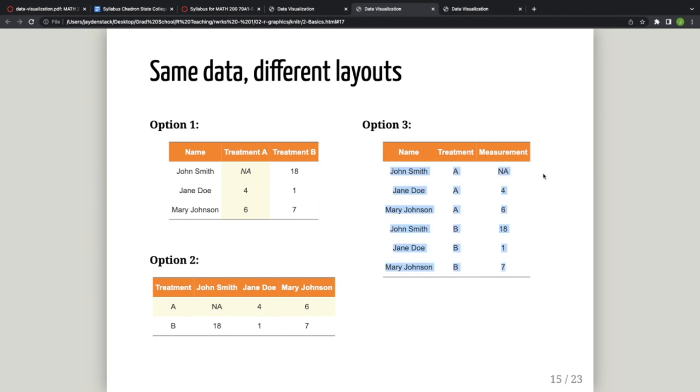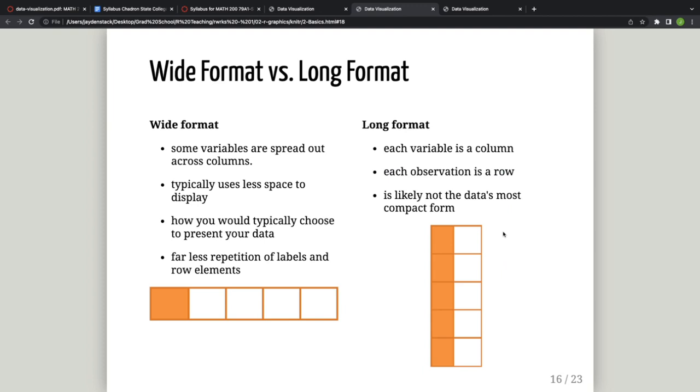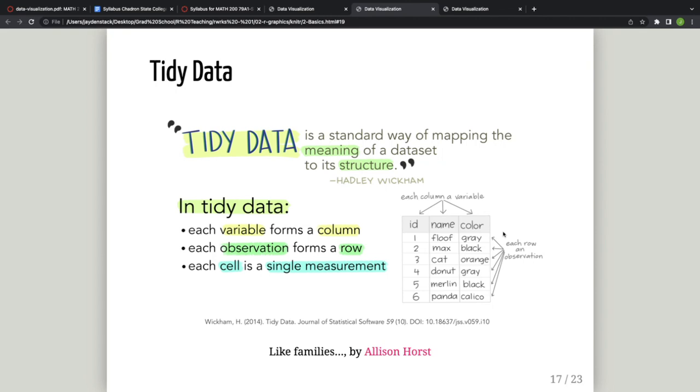I'm taking a look at just their treatment A and then their measurement, just their treatment B and then the measurement. And it is likely not the data's most compact form. All right. But this is how we tidy our data. This is how we get our data into a correct format so that we can easily and effectively create graphics to depict the information that we want to find out.